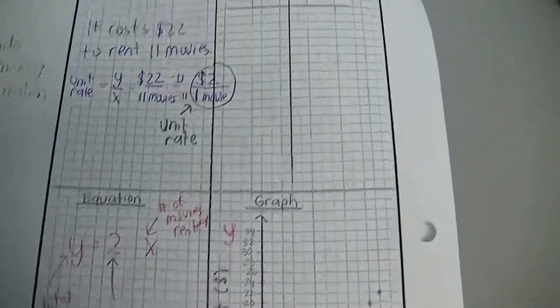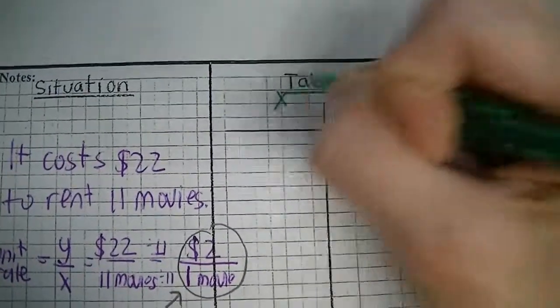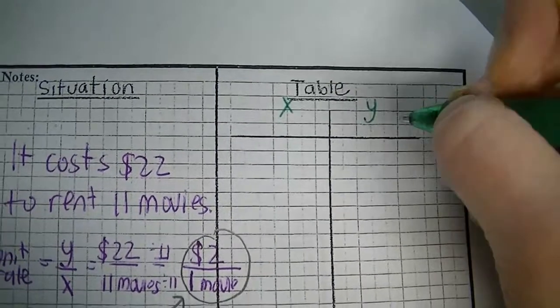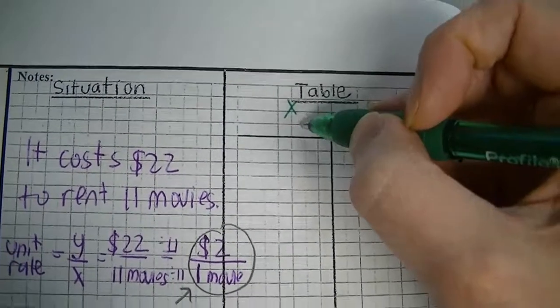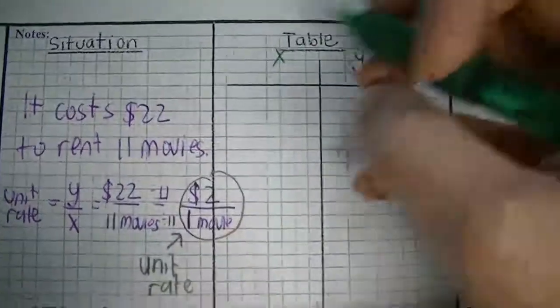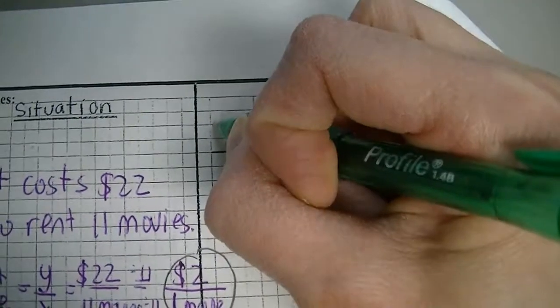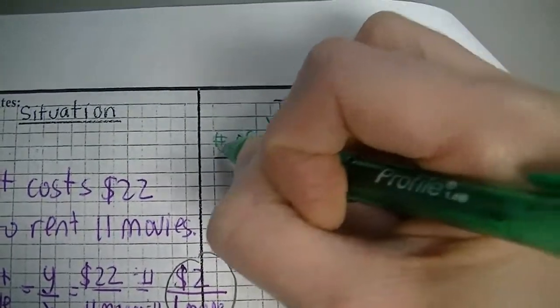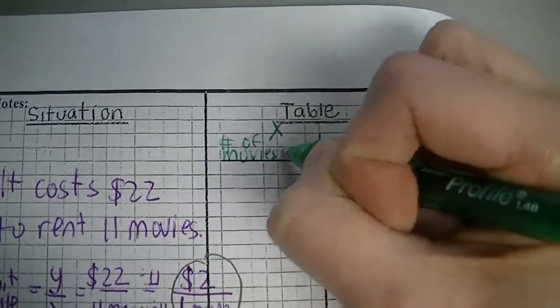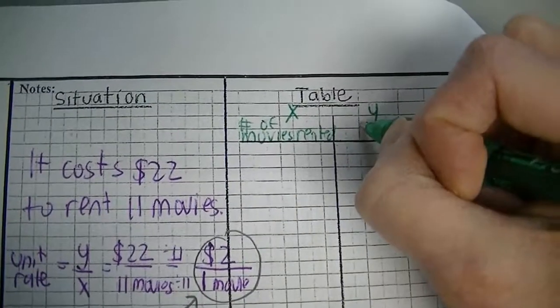Okay. So now all that is left is the table. And I see that the table is completely blank, so I know that the first column is independent, the second column is dependent, and x represents the number of movies rented, and y represents the cost in dollars.